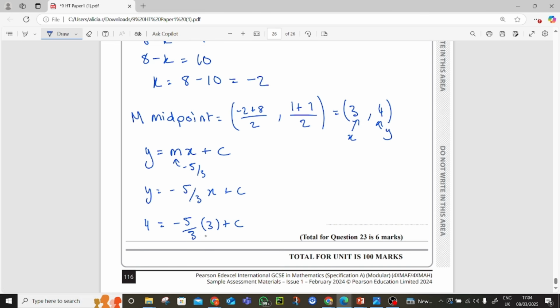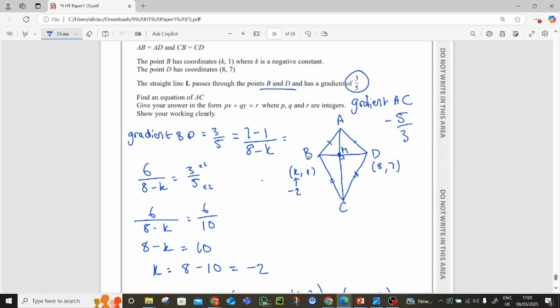So this is 4 is, these will cancel, so 4 is -5 plus c, and so therefore c is going to be 4 plus 5, which is 9. So the equation of the line is y is -5/3x plus 9.